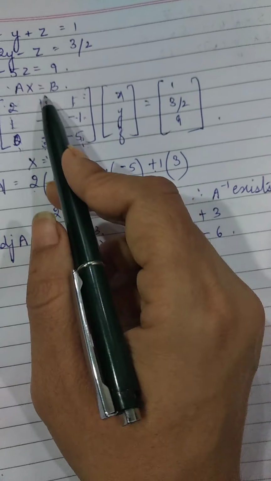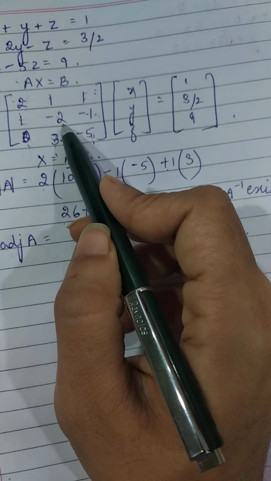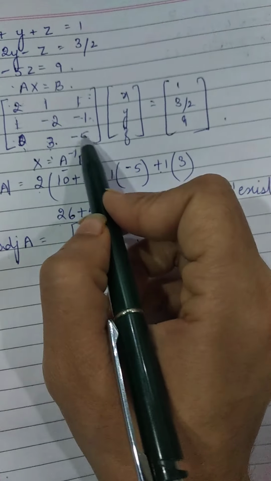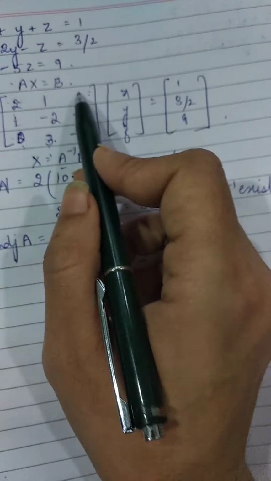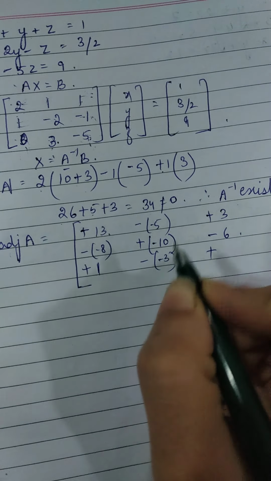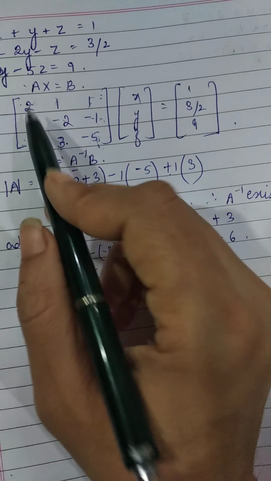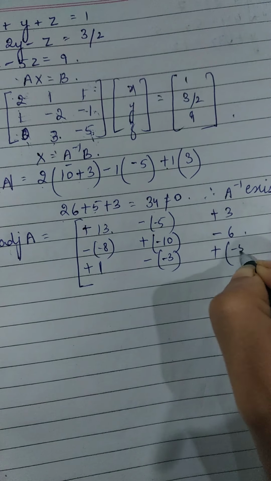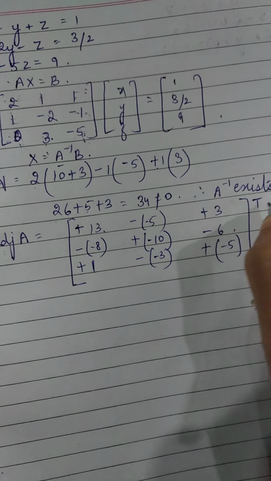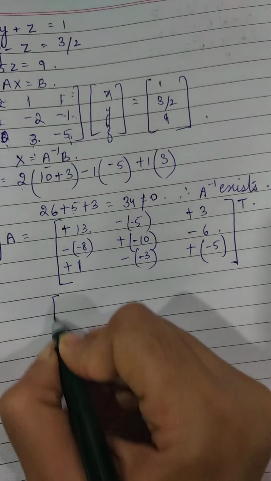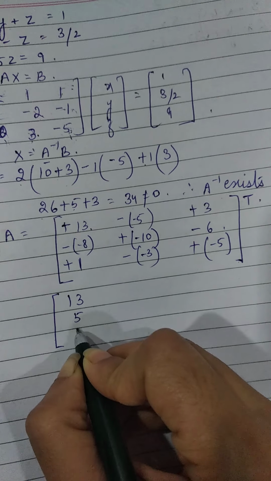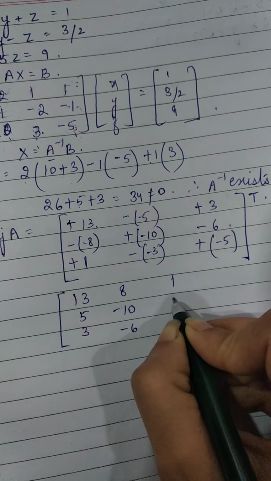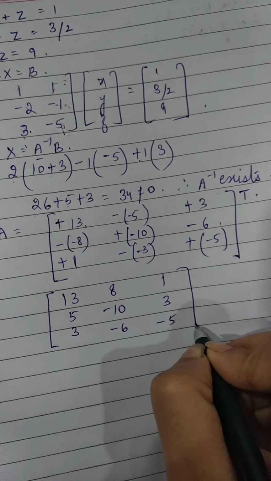Again, eliminate this, so we have -1, -2, so -1 plus 2 gives us 1. Likewise, eliminate this: -2, -1, -3. Eliminate this, again we have 4, -4, -1, that's -5. Finding its transpose, that is 13, 5, 3, 8, -10, -6, 1, 3 and -5.